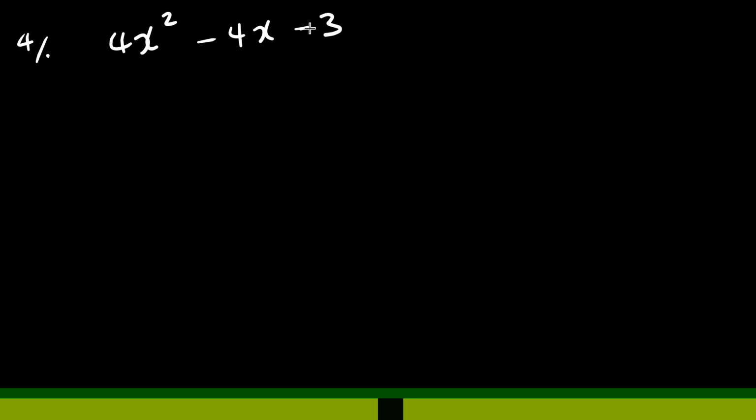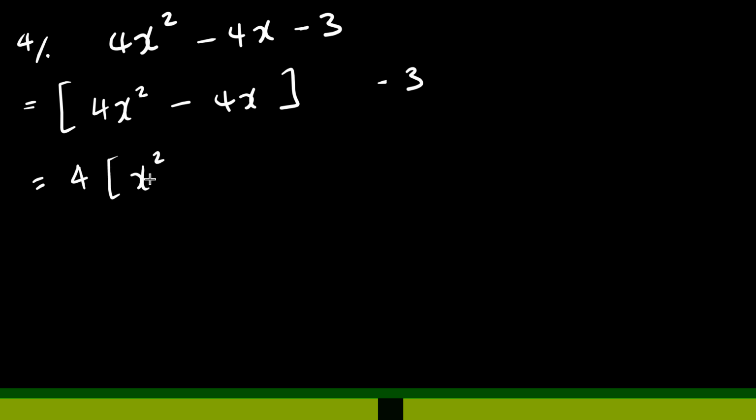All right. So for this one, same process. We're going to separate our terms in x, and we have our constant outside. We're going to factor out the coefficient of x squared, so that we have 1 as the coefficient, and then we're going to make a perfect square.